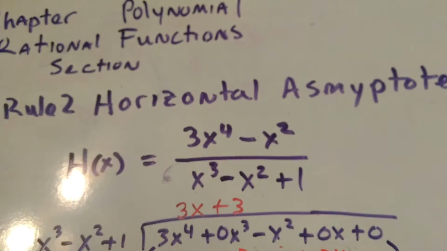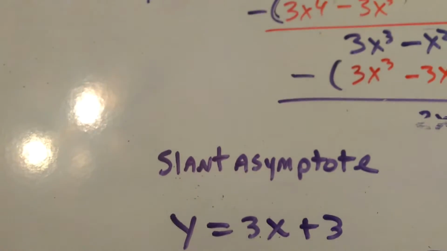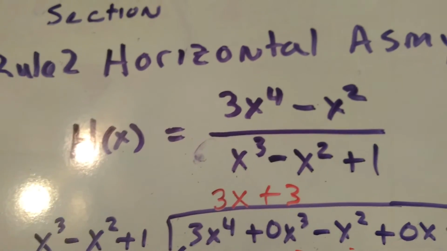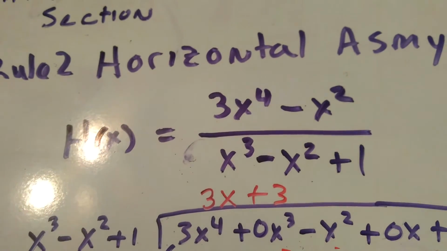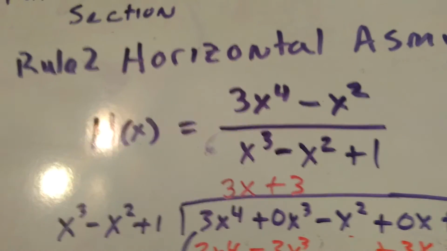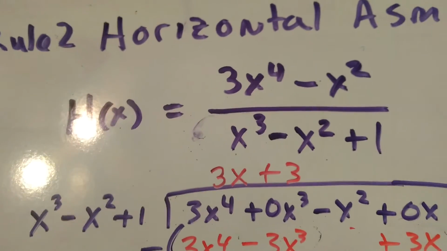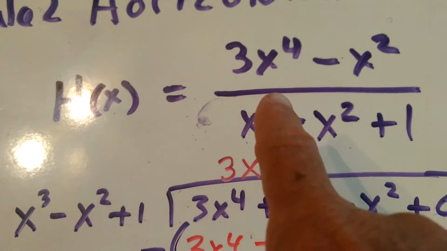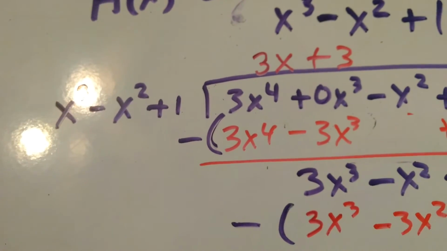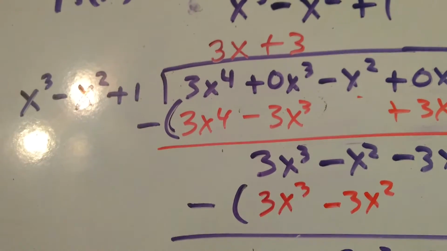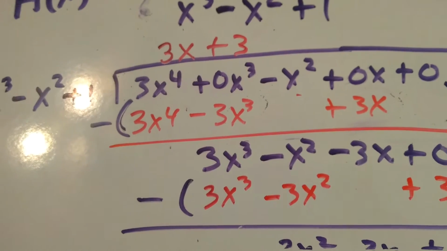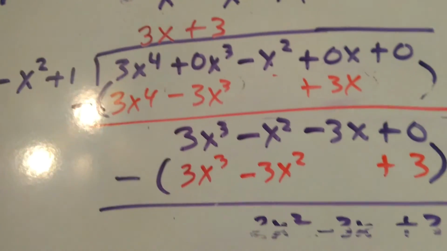The third type is what I'm going to call a slant asymptote. Basically what happens here is the leading exponential power in the numerator is bigger than the leading exponential power in the denominator. So we have to take the denominator and long divide into the numerator, which is what I've done here. First of all, we multiply by 3x, which gives us 3x to the 4th minus 3x cubed plus 3x, we subtract it.